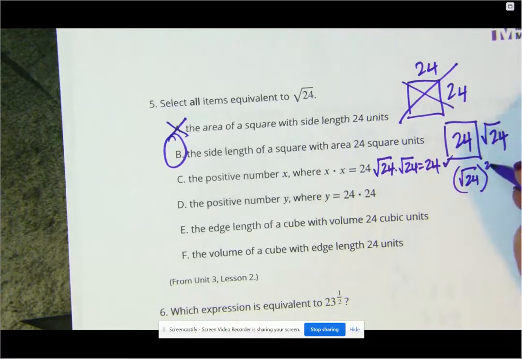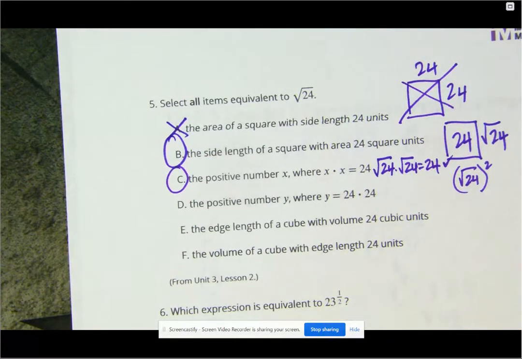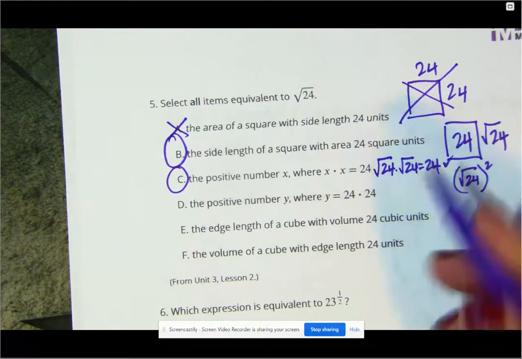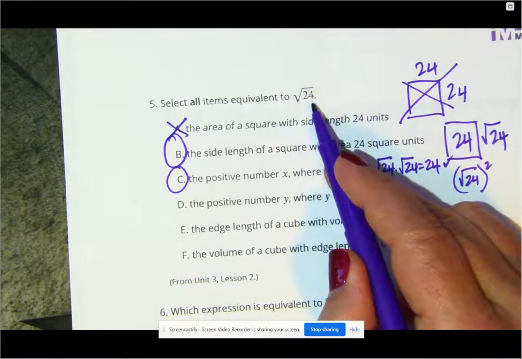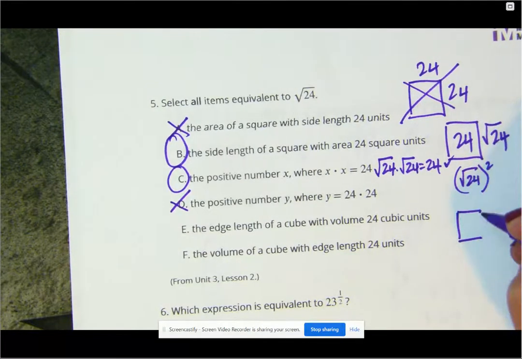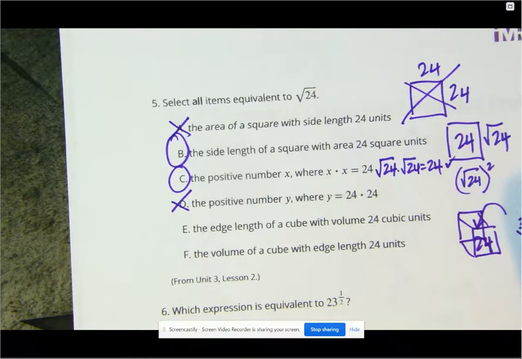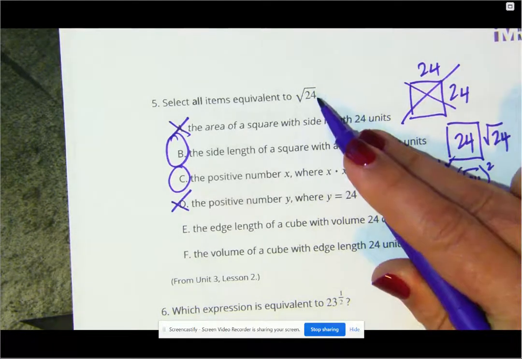That means the square root of 24 squared, right? And squaring is the inverse of square root. The positive number y, where y is 24 times 24. 24 times 24 is 576. That's not the square root of 24. The edge length of a cube. If I know the volume of a cube is 24, to get the edge length, I have to take the cube root of 24, not the square root of 24.